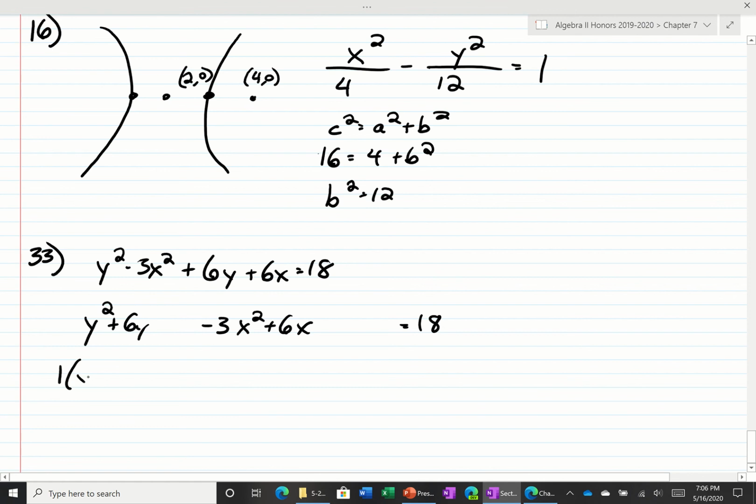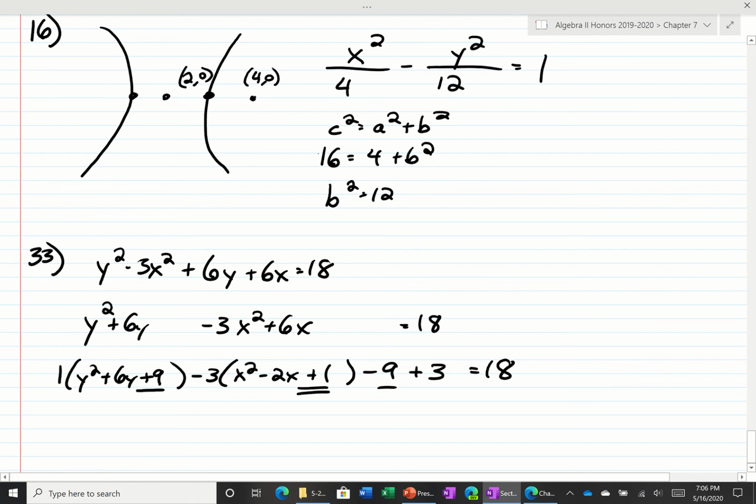We will take out a 1. Half of 6 is 3. 3 squared is 9. So this is going to be negative 9. This is going to be 1. So 1 times negative 3 is negative 3. We're subtracting negative 3. Negative 9 plus 6 is negative 3 and so on, giving 24.